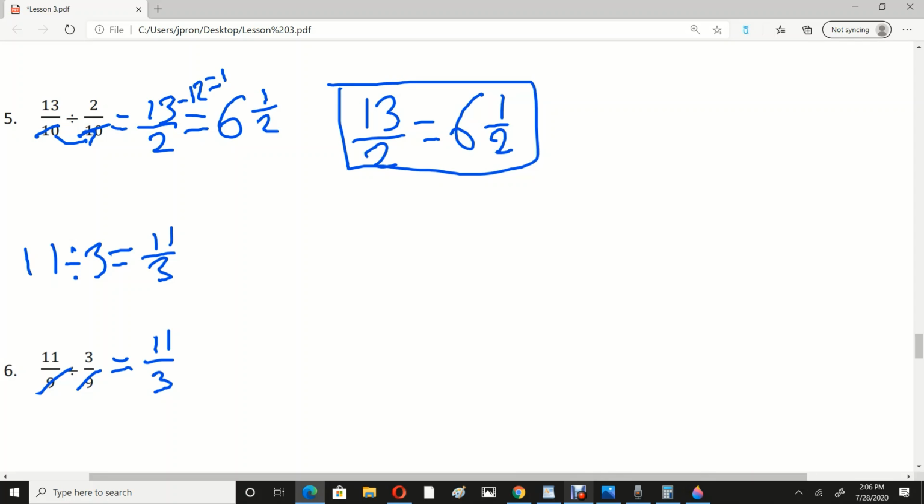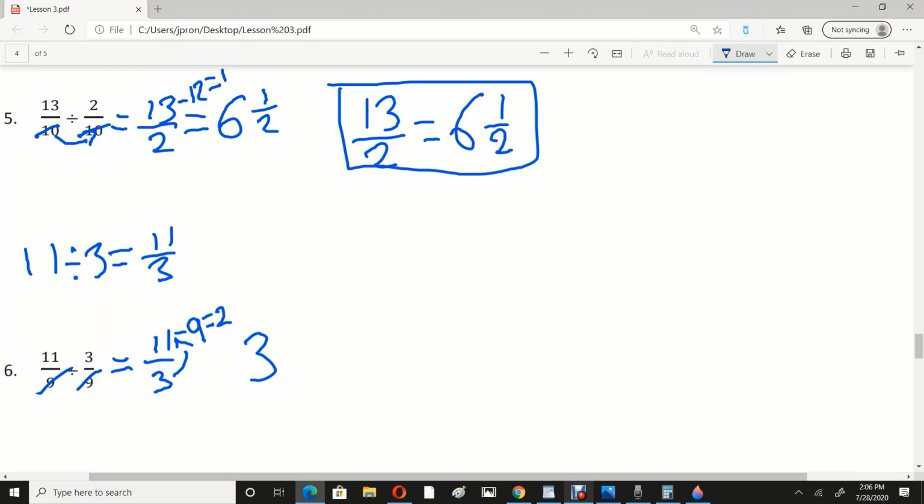Or we can continue and turn this improper fraction into a mixed number. 3 goes into 11 3 whole times, which will get us 9. 11 minus 9 means we have 2 remainder, 2/3 as a remainder. So our answer here could be 11/3 or 3 and 2/3.